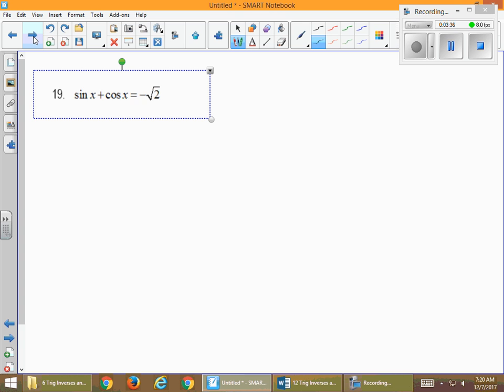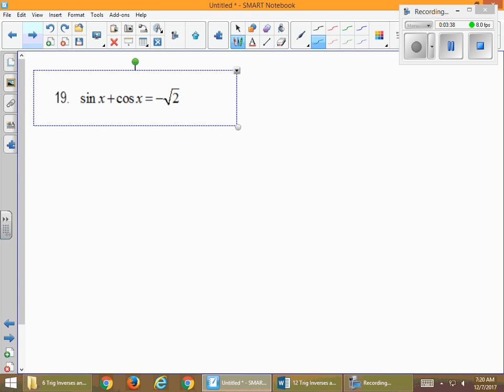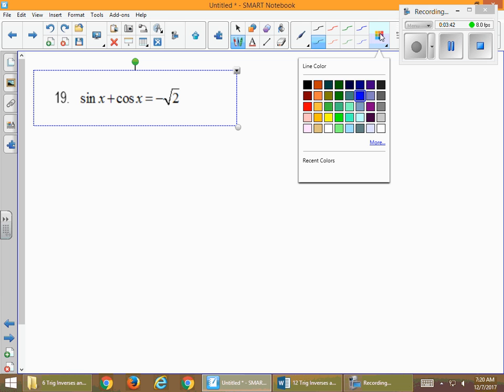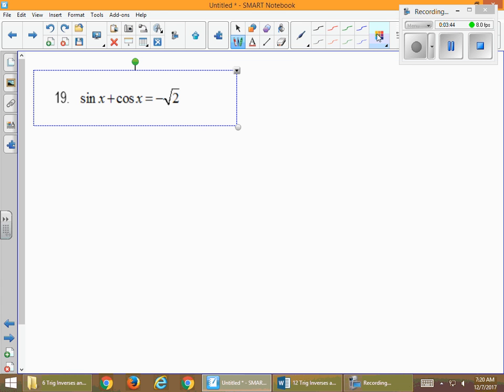All right, 19 was our guess and test problem. And sorry about that. 19 is the guess and test problem. And the way I organized this for myself was like this. If I'm adding sine and cosine to get negative radical 2, I know that I'm going to need some negatives somewhere. But I'm going to go ahead and just look in the first quadrant and see if I can get something close and then play with which quadrant to use.